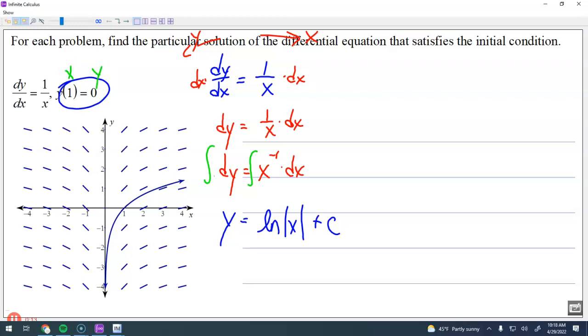If I plug those in, I get 0 equals natural log of 1 plus c. The point of this is to find out what c is. What is the natural log of 1? 0.